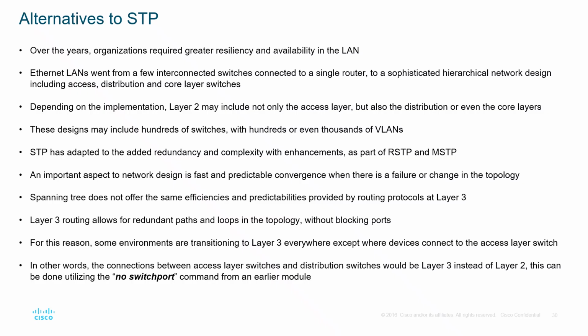For this reason, some environments are transitioning to Layer 3 switching everywhere except where devices connect to the access layer switch. The connections between access layer switches and distribution switches would be Layer 3 instead of Layer 2. This can be done utilizing the no switchport command from an earlier module.